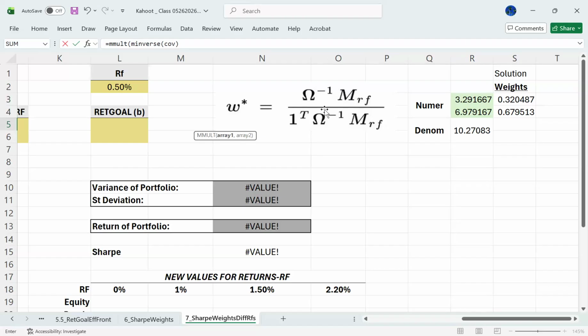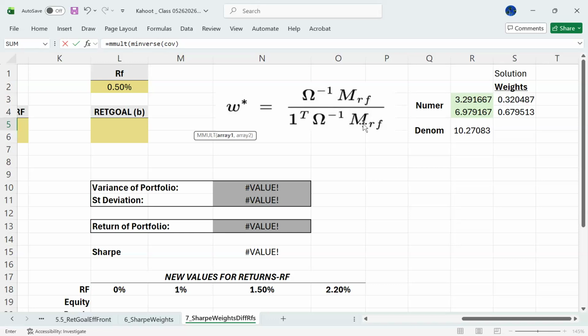There is a resemblance. If you look at the global minimum variance formula we used a couple of videos before, it is the same. That's why we're sort of doing this little drill again, because the formula looks quite similar. The difference is that instead of mu RF, you have a vector of ones to the right of the covariance inverse in the numerator, and to the right of the covariance inverse in the denominator.